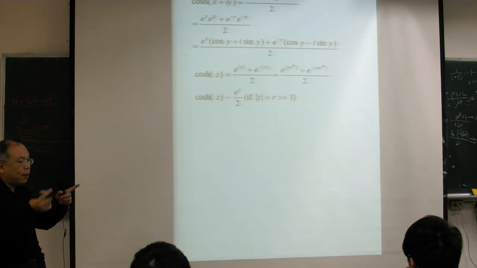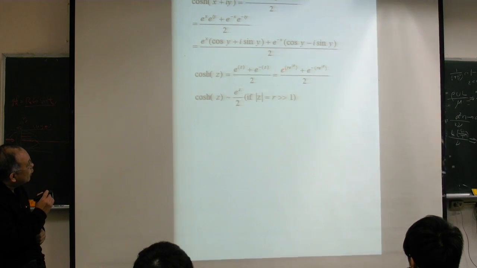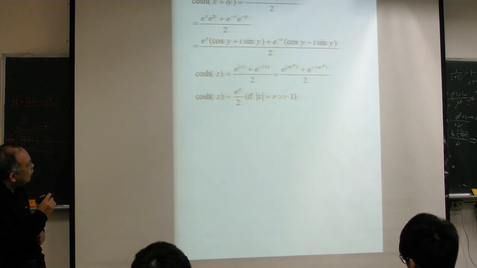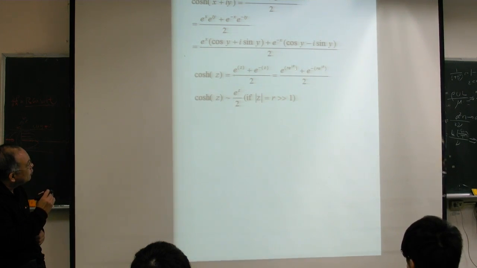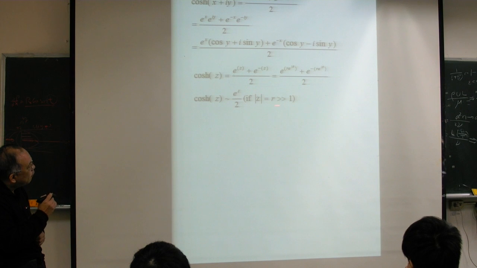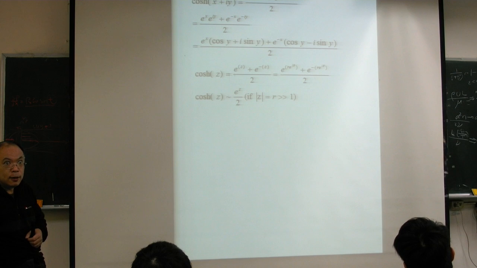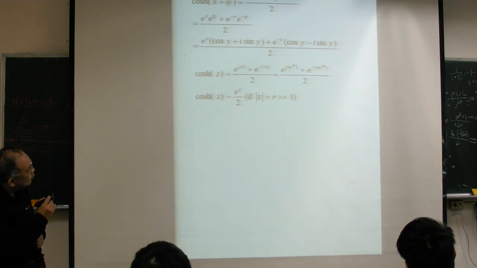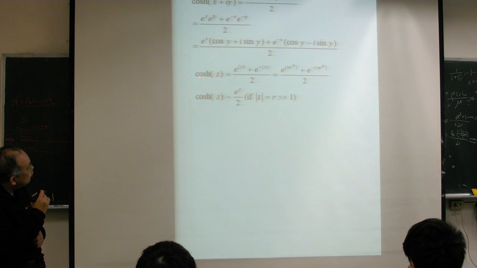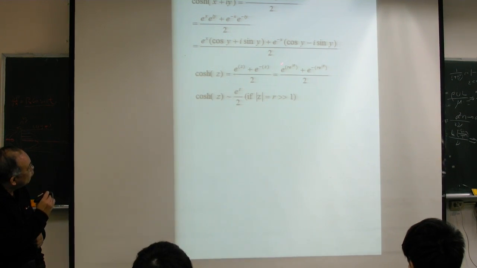It's a bounded function within 1, right? And the absolute value of z is equal to R. When R is much greater than 1, as you can see, this is exponential minus this, and exponential minus this. When this becomes much bigger than 1, this term is an exponential decay, right? This term is exponential decay, so this term can be dropped. So for the hyperbolic cosine function when z is much greater than 1, we only have this term here.